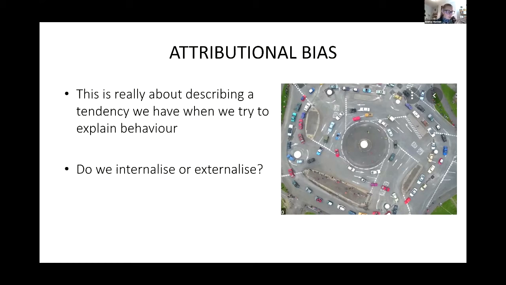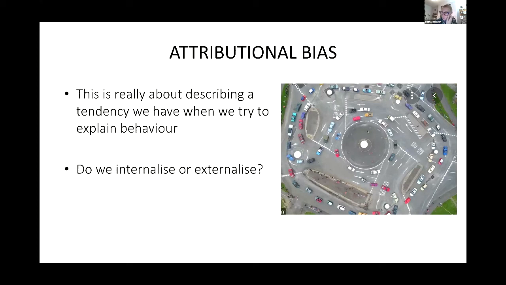So attribution is basically about, do we internalize behavior or do we externalize behavior? The theory, drawn from psychology, is that ordinary attributions are that we externalize our own behavior, but we internalize the behavior of other people.